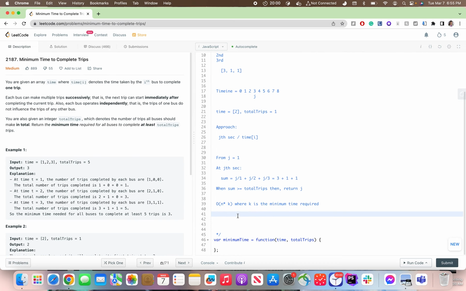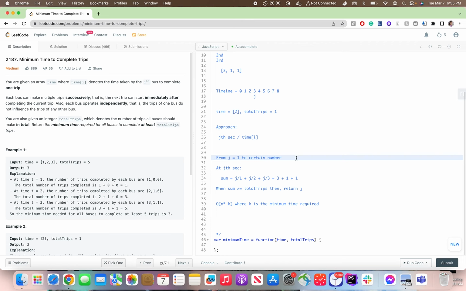So how to do this? Here we can see that we are doing it from j is equal to 1 to a certain number, right? So what is that certain number? How far can it go from j is equal to 1?